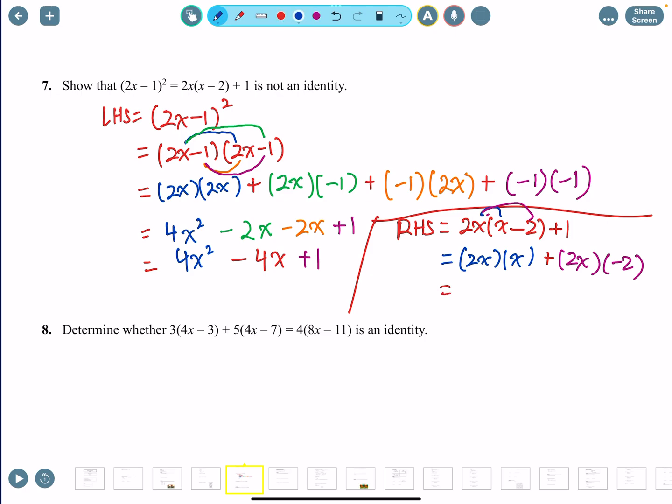All right, so we have 2 here. X times x is going to be 1 plus 1, x squared. 2 times negative 2 is negative 4 with an x. So finally, I proved to you that it's not an identity. This one is way different than this one. If left hand side is not equal to right hand side, therefore not an identity.